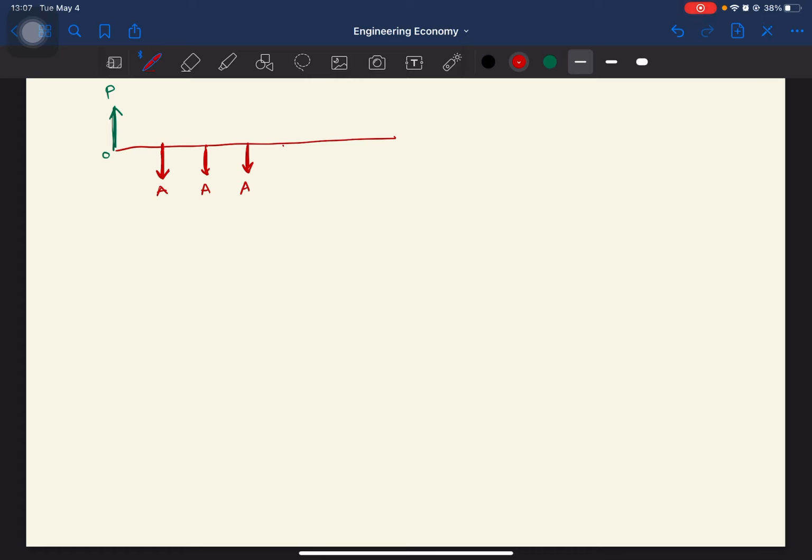O kahit hindi cellphone, kahit ibang appliances. This is end of month 1, end of second month, third month, fourth month, fifth month, and at the end of 6 months. So, 6 months mo lang siyang babayaran. Okay?